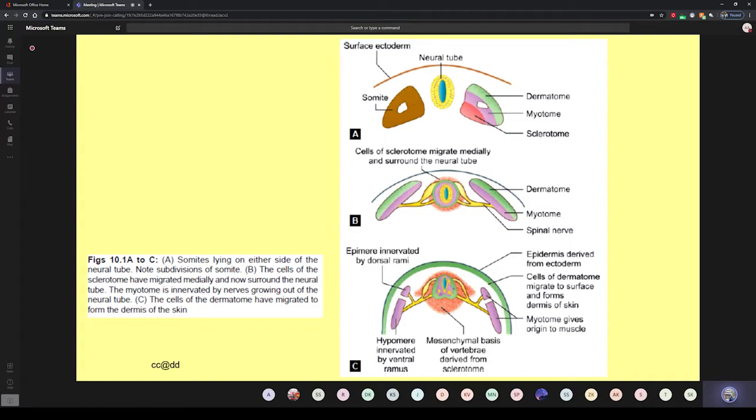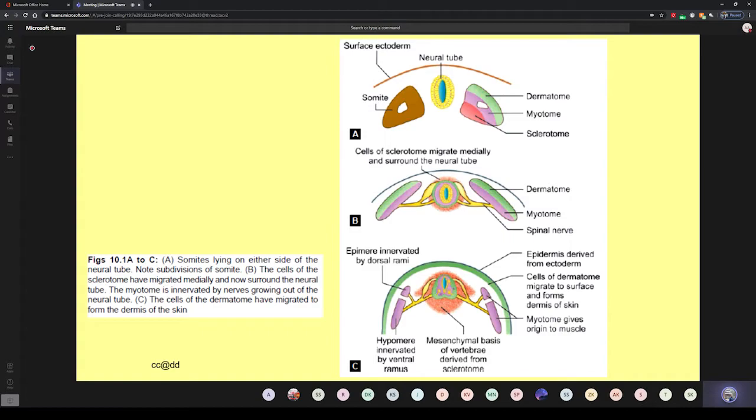So can you now make out that from the head end to the tail end, I'm getting a serial column of blocks called somites. Each somite has three components. One component is going to form bone, which is the sclerotome component.